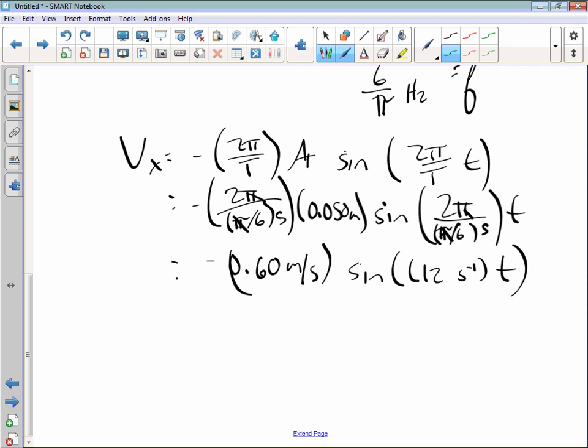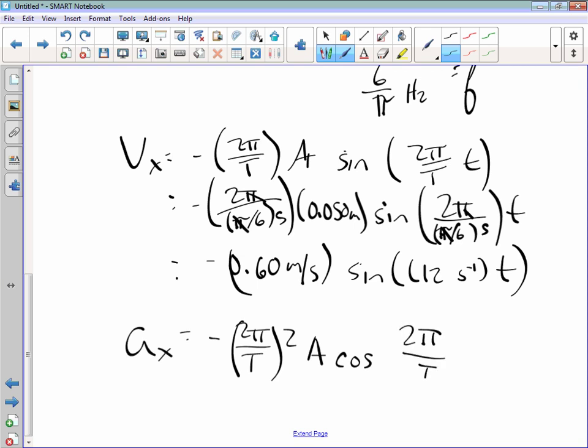We will get a similar number for acceleration. Acceleration is negative 2 pi over period, and that whole thing squared, times amplitude times cosine of 2 pi over period multiplied by t. That's kind of a big nasty equation as well.